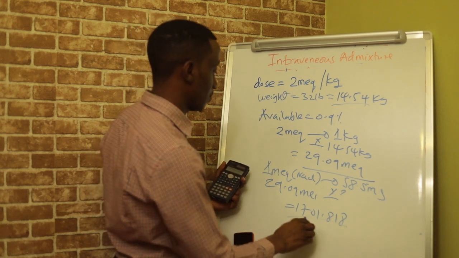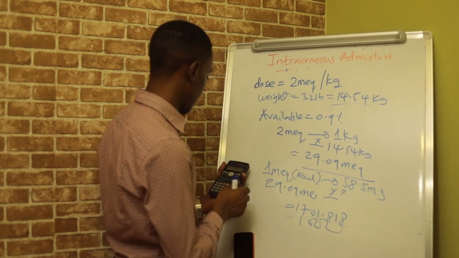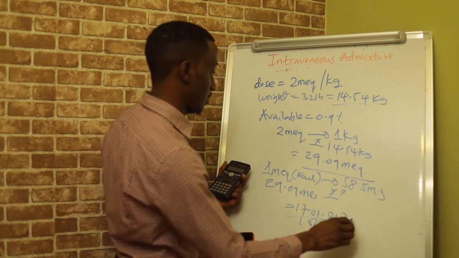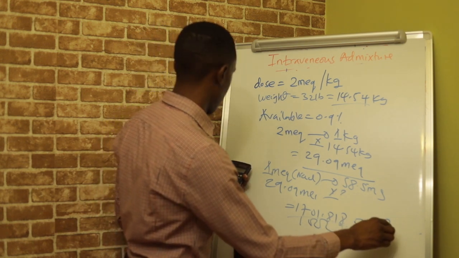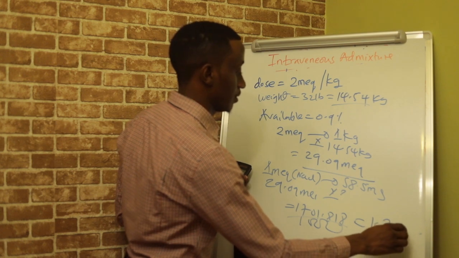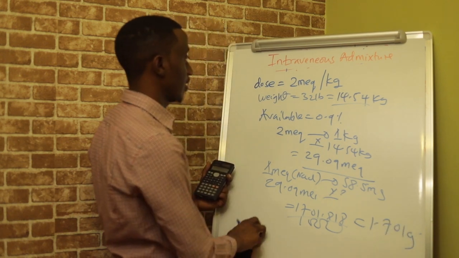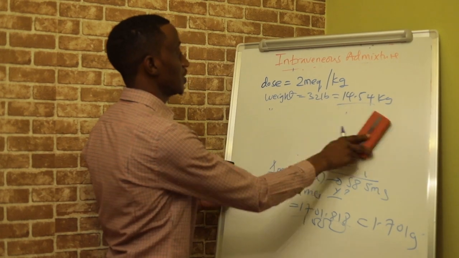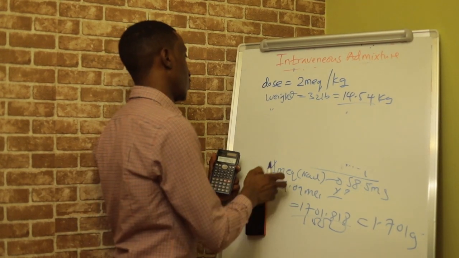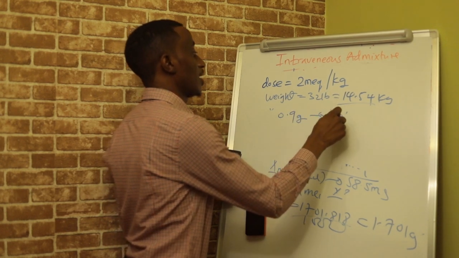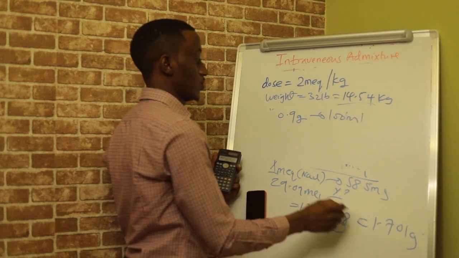Those are milligrams. To obtain grams, divide by 1,000. Then that is 1.701 grams.